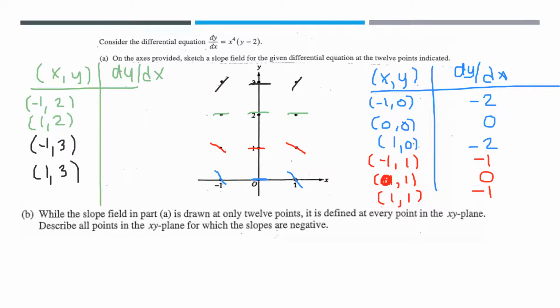So the slopes will be negative when y minus 2 is less than 0, because x to the fourth is always positive.